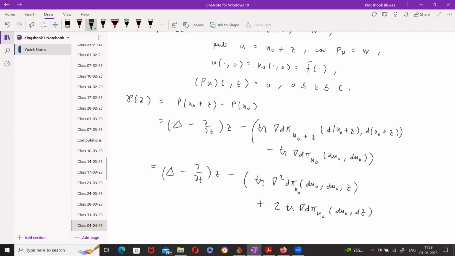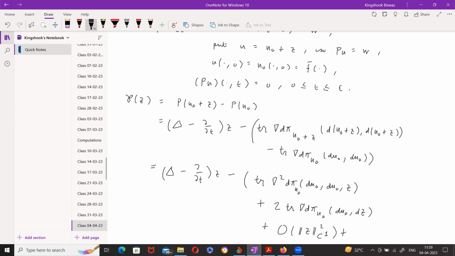And then the other terms that I have will be, you see, I'll get quadratic terms in z. There'll be a dz term. So that will be a big O of the C1 norm squared. So there'll be big O of C1 norm of z squared.